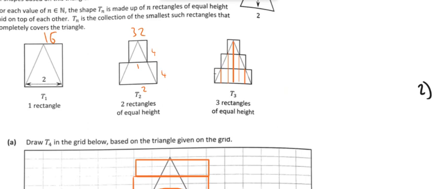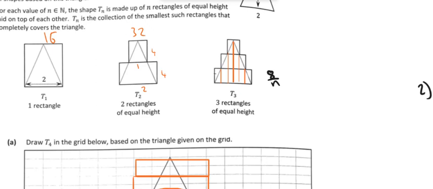So if you think about it here, if you look at all the rectangles there in T3, the height of each of those rectangles will always be 8 divided by whatever n is. So in this case it's divided by 3, but for the last sequence it'll be divided by 2, and so on.